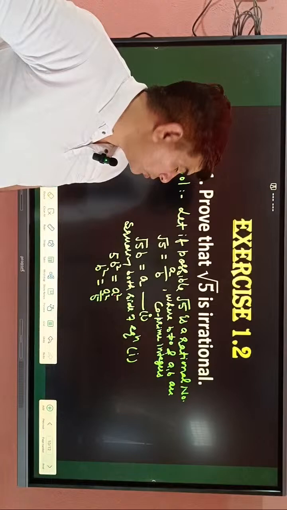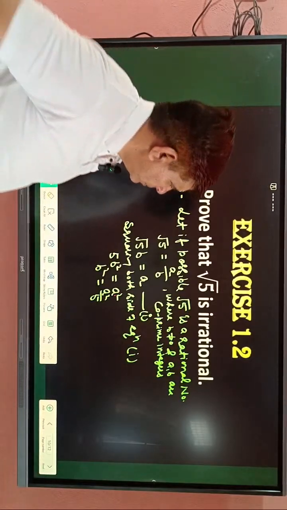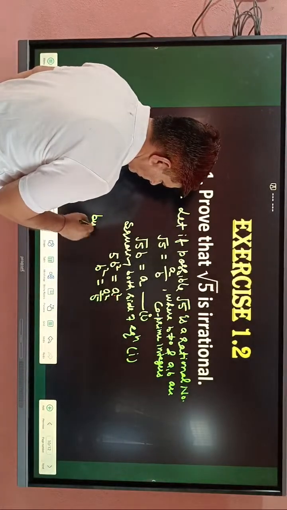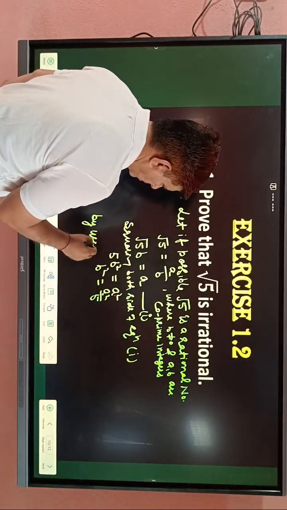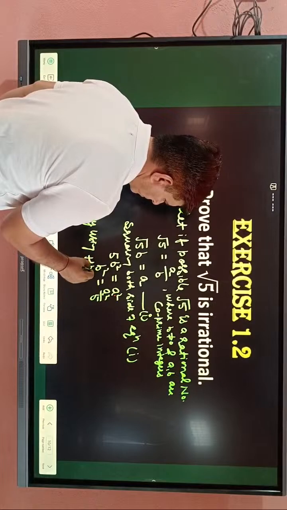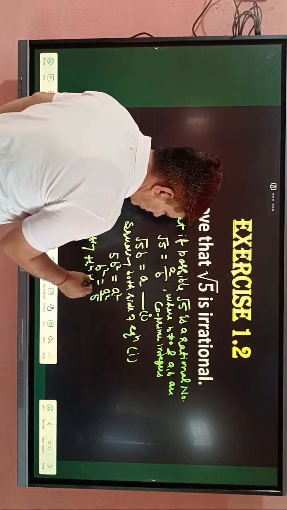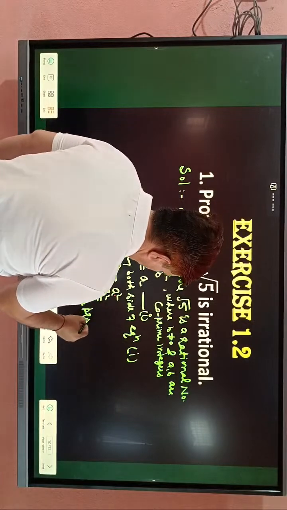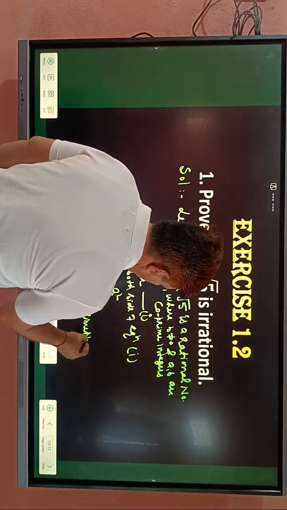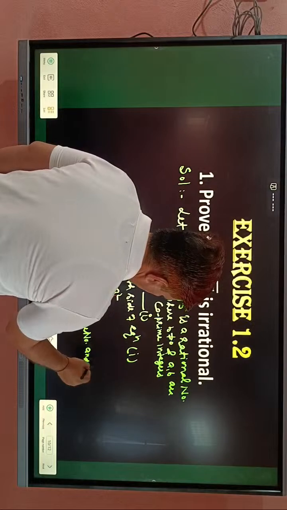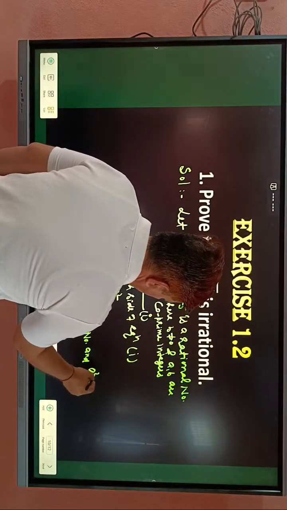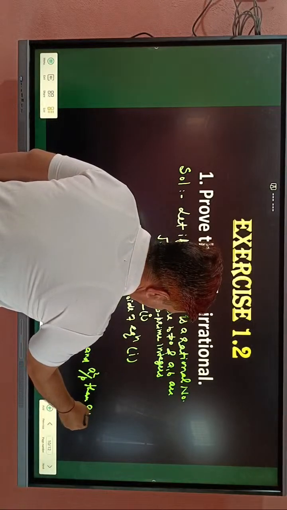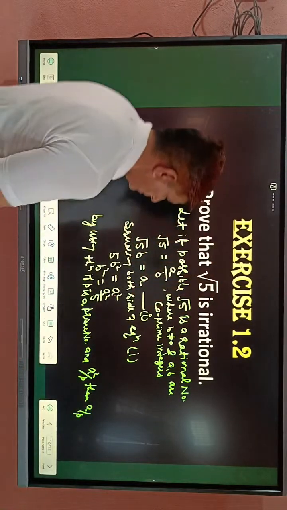So by using the theorem, if P is a prime number and P divides A square, then P divides A also.